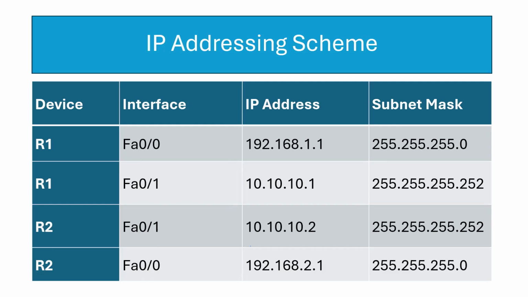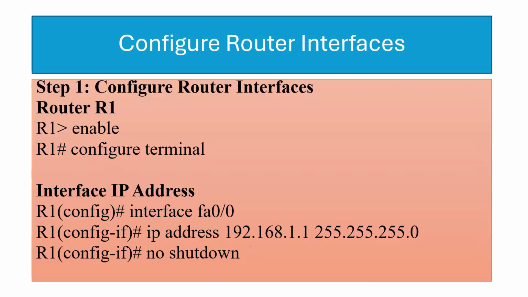Let's go. So now, if you are going to do the configuration on these routers, this is how it will be. We have to first of all go and configure the interfaces. Let me see.